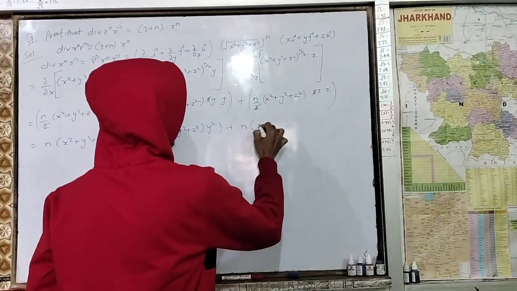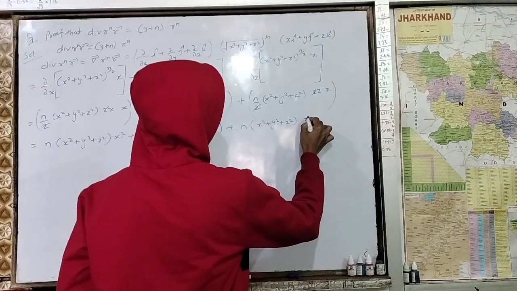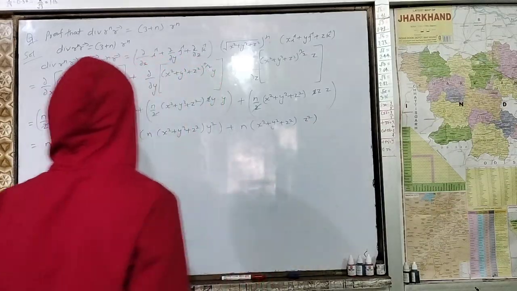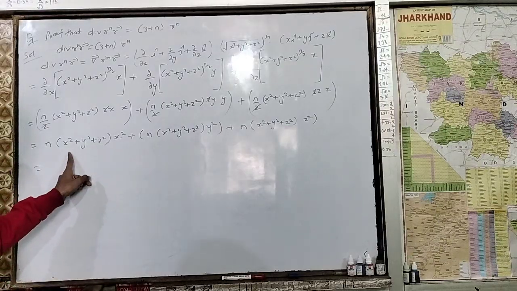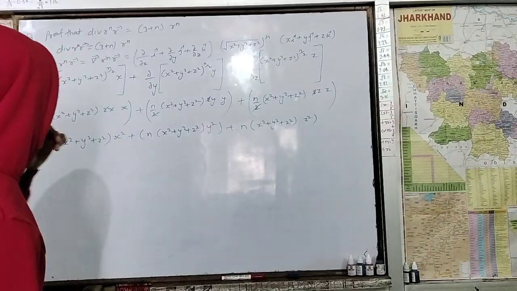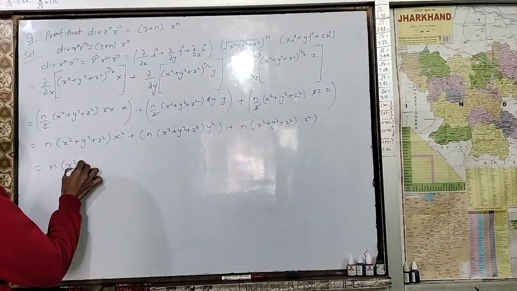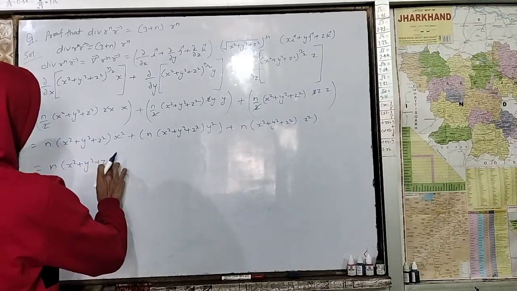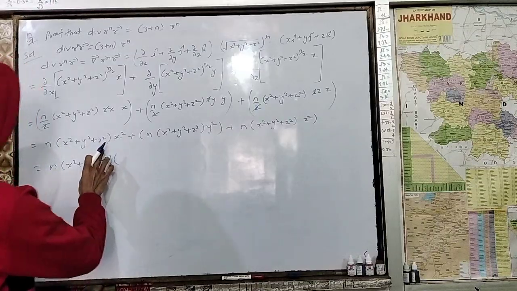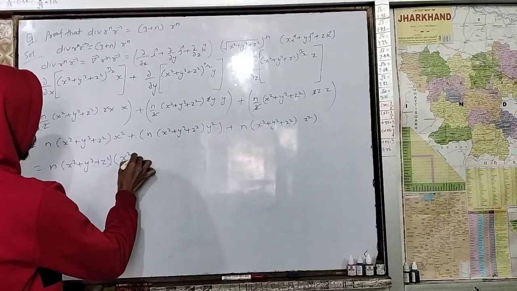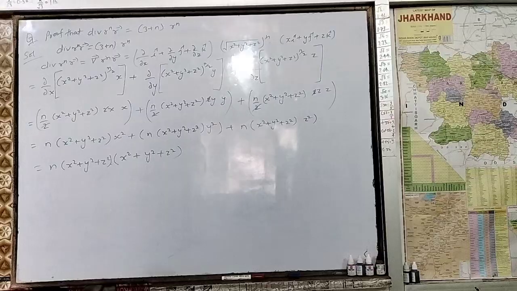Then we have n times x square plus y square plus z square, which is equal to z square. Are we correct? In this equation we can say this is common, meaning n times x square plus y square plus z square is common, and we are left with what? x square plus y square plus z square. Are we correct?